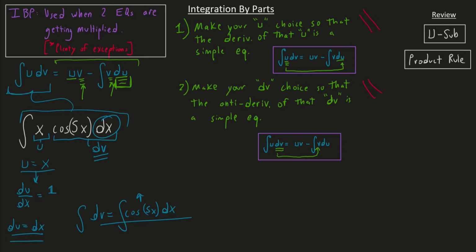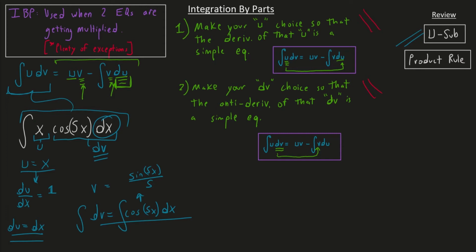If I do that, I get a v on the left side, and the antiderivative of the cosine is going to be sine of 5x over 5. And I knew that so quickly because I'm an expert at u sub. I've gotten plenty of practice with u sub. I can basically do it in my head now.